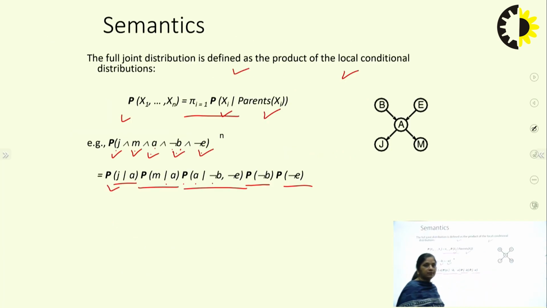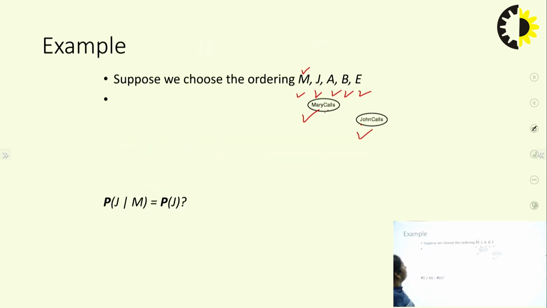So what is important? That is the point I want to mention. We need to choose the order very carefully. How should we consider it? We should consider it with the help of the causal relationship. What is causing the other? That can be taken from the domain only.